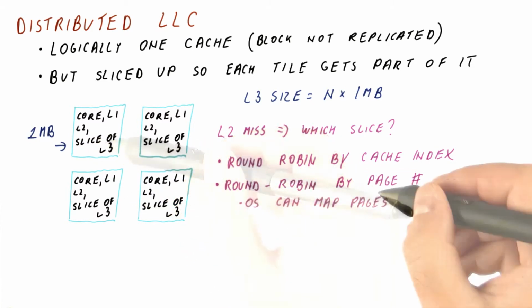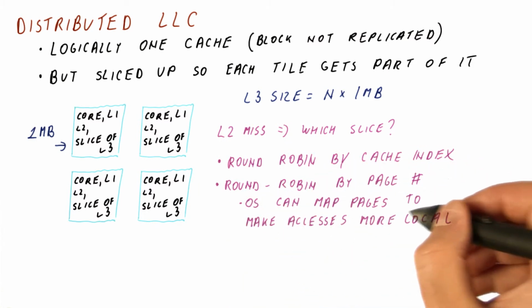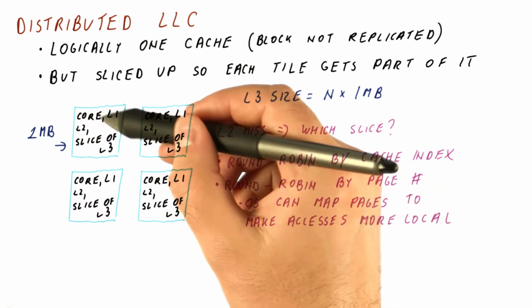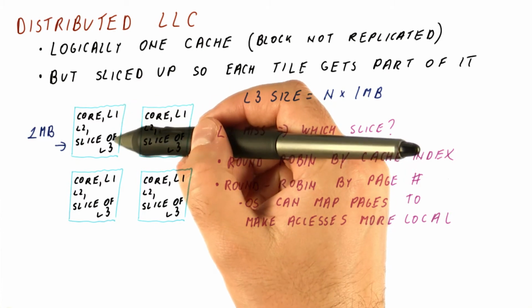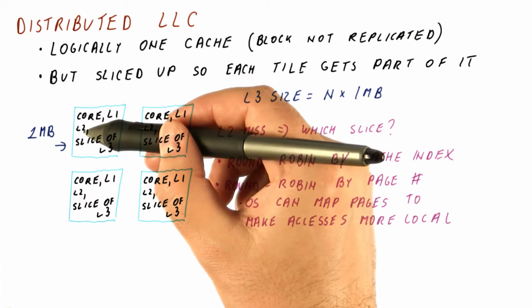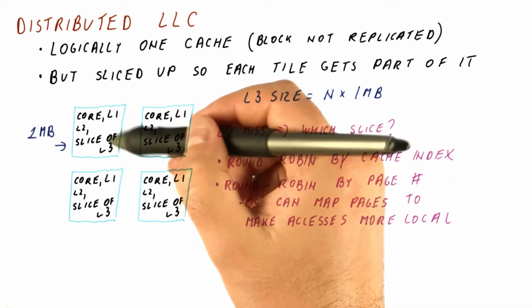That helps because now the operating system can map pages so that it makes the accesses to L3 more local. For example, here, this core is running a thread that has a stack. The pages that belong to that stack should be those that end up in this slice, so that if you have a level 2 miss, we are very likely to access our own local slice of the L3 cache.